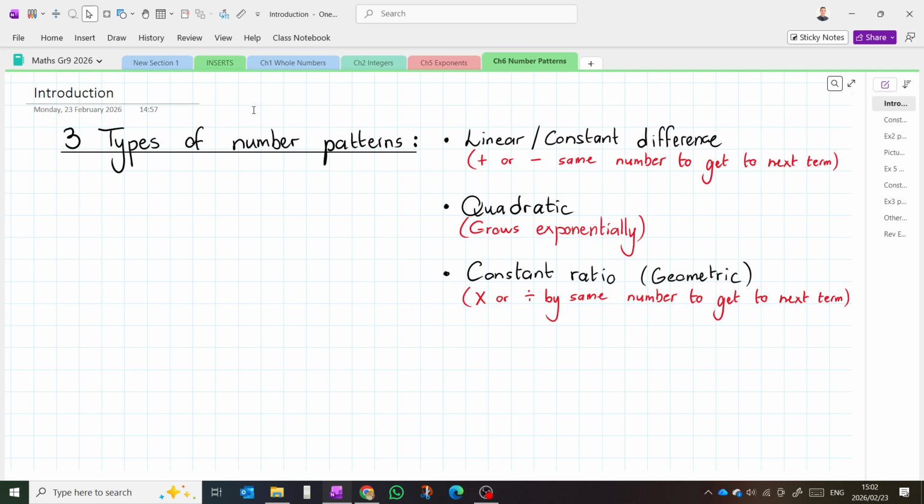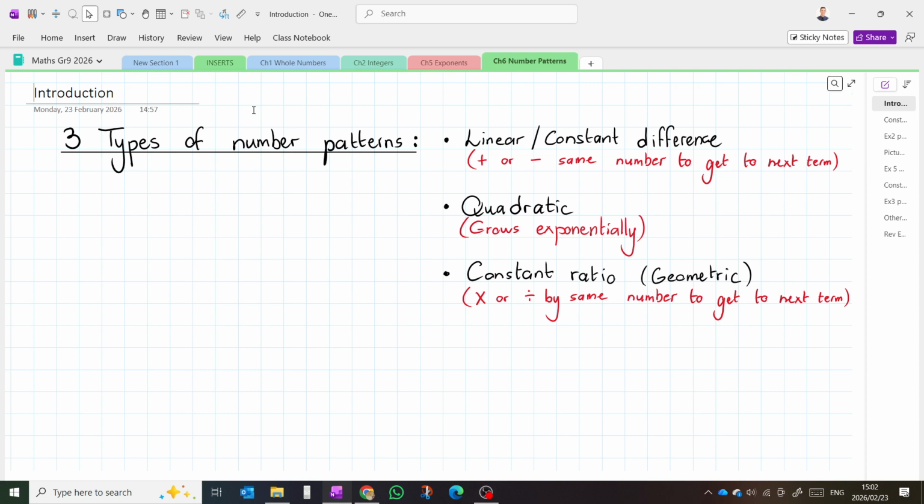Constant difference number patterns are when we add or subtract the same number to get to the next term. We also have quadratic number patterns. Those are special types that follow on from your term number squared or even cubed and plus or minus something. We're going to talk about them a bit later.